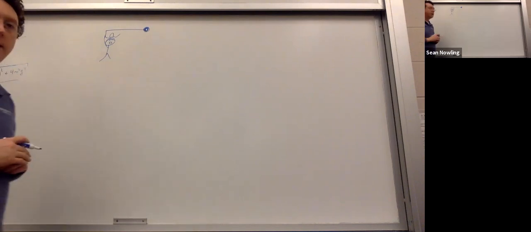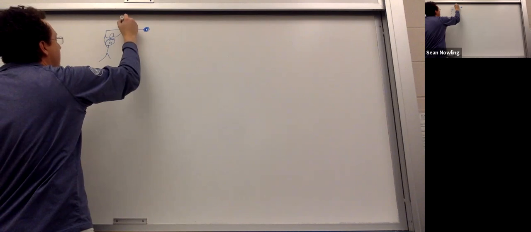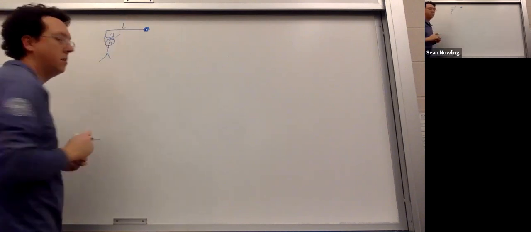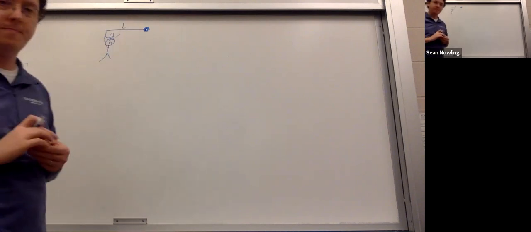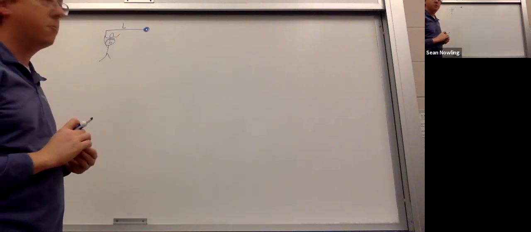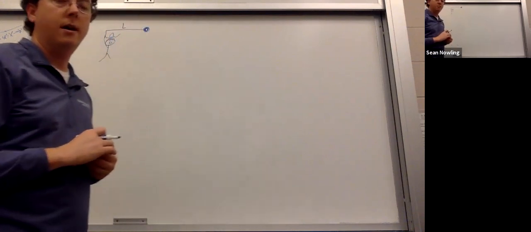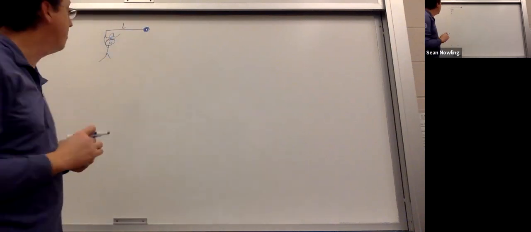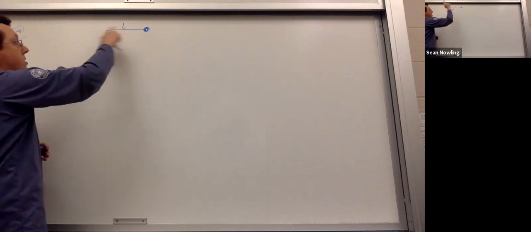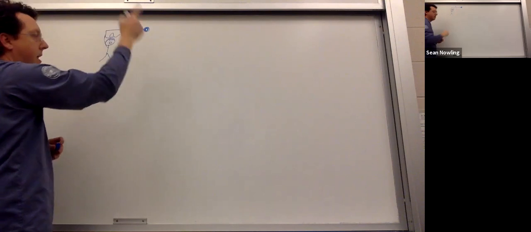Okay? And I'm going to go ahead and assume that the lasso has some length, let's call it L, from his hand. I'll give you numbers here in a minute. But I'm going to want you to solve this problem symbolically and then plug in when we're done. Okay, so he's swinging this lasso around his head, like so.